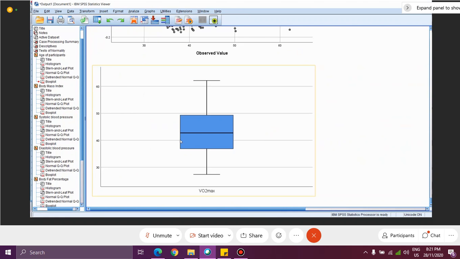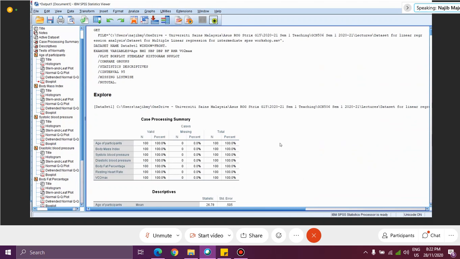This step is actually an important step before you perform analysis. So just make sure you don't have any error in data entry and that the missing data is at minimum.